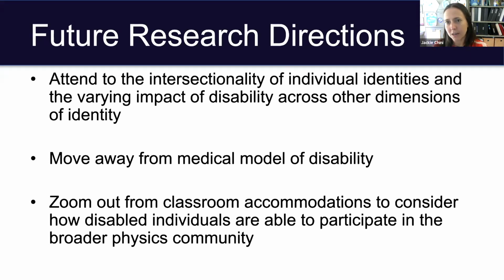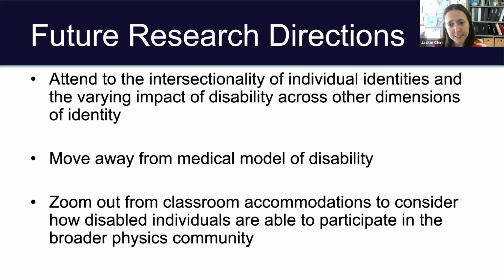So certain labels are given out, for example, to boys who are of color, more so than to white women, for example. Our social status may change our access to getting a disability identity label that then is going to impact our access to accommodations in a setting. So there's really a lot of complicated interplay between other identities and disability.